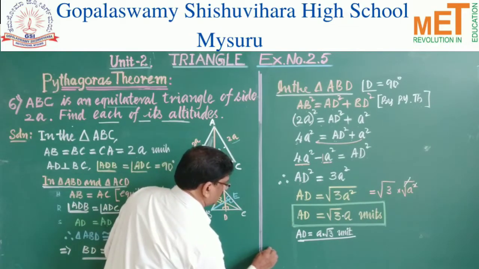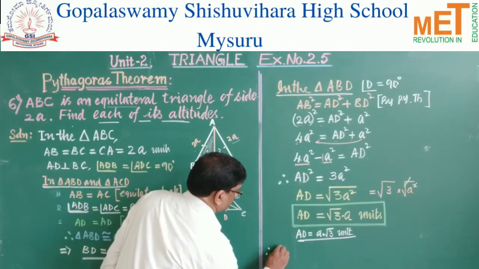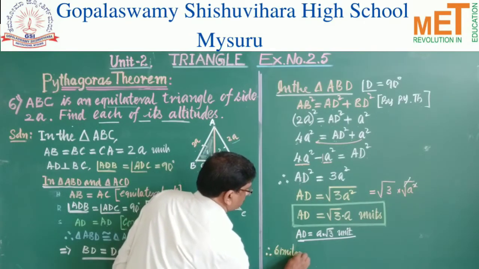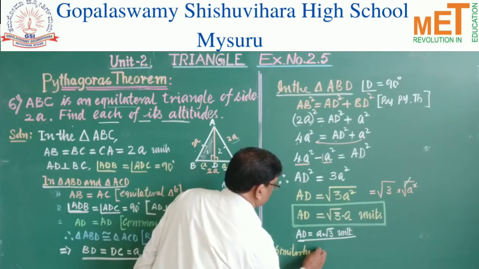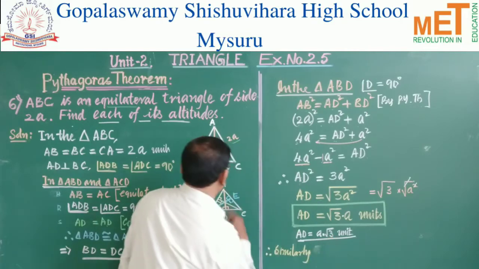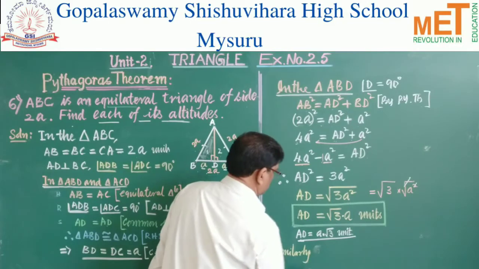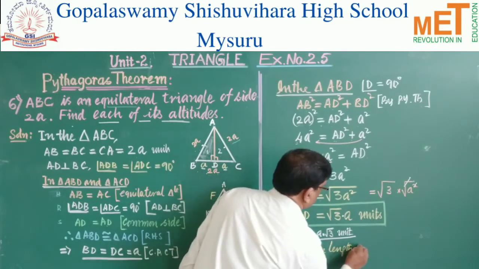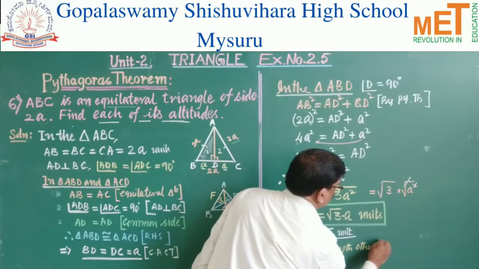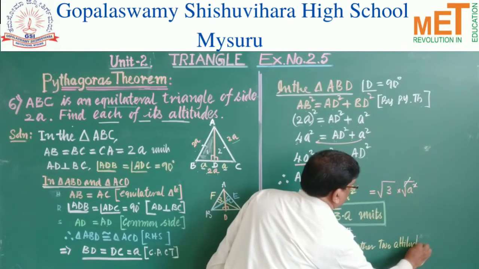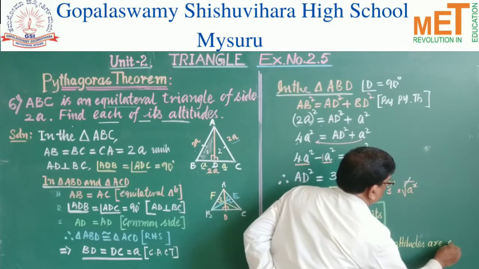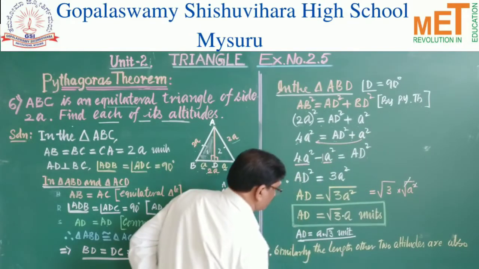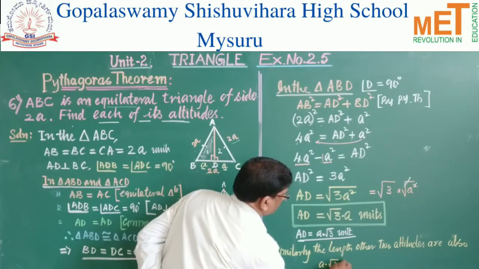Therefore, we can write similarly, the length of the other 2 altitudes are also a into root 3 units.